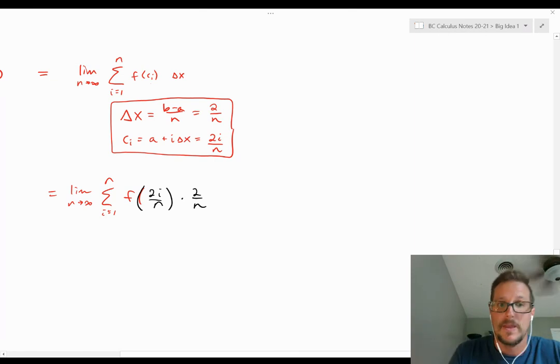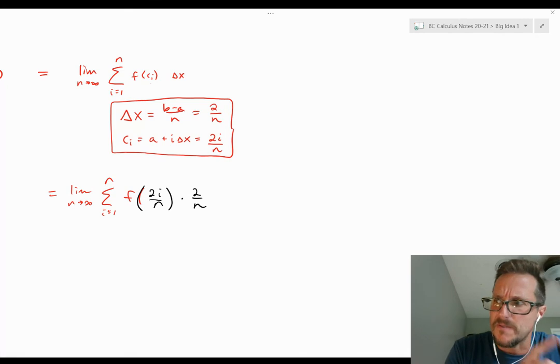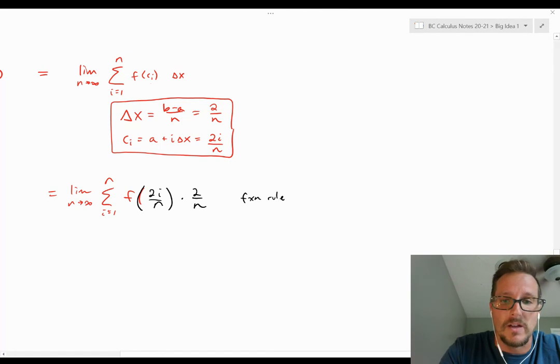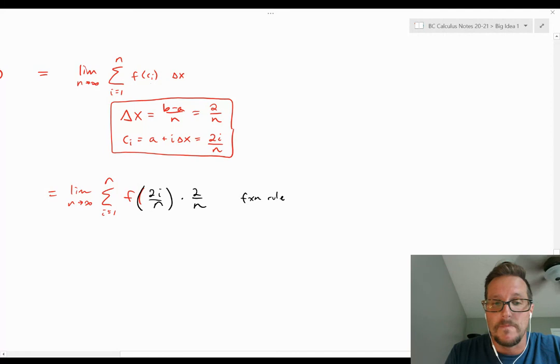Well, now I'm going to keep rolling. What is f? f is the function 2x plus 3. So we're going to apply the function rule now to 2i over n.